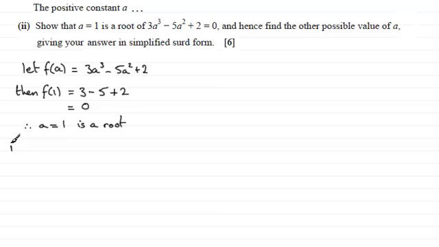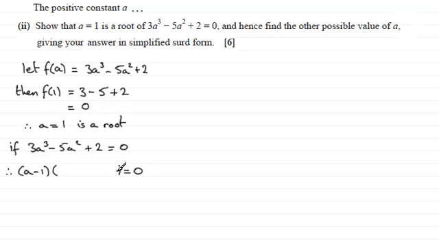So if we have our equation now, 3a cubed minus 5a squared plus 2 equals 0, then we know that since a equals 1 is a root, this would have factorized having a minus 1 as a factor. Then there would have been a quadratic factor in here, and this would have equaled 0.